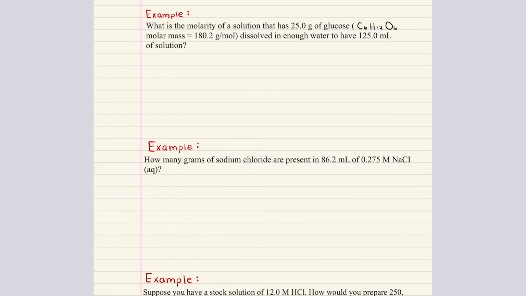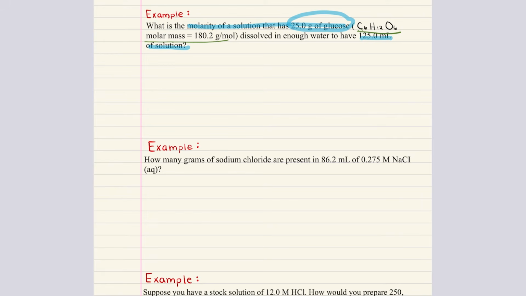And we're given the molecular formula C6H12O6, and we're given the molar mass of glucose as 180.2 grams per mole, dissolved in enough water to have 125 milliliters of a solution. Again, the goal is to figure out what is the molarity of a solution that has 25 grams of glucose dissolved in enough water to have 125 milliliters of solution.